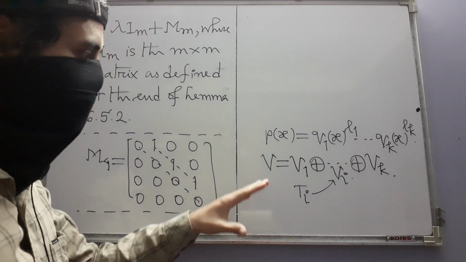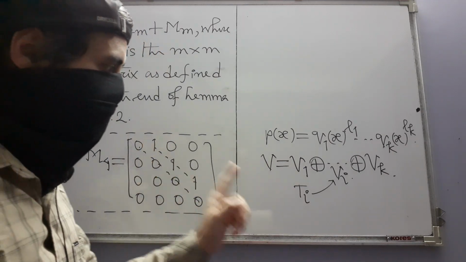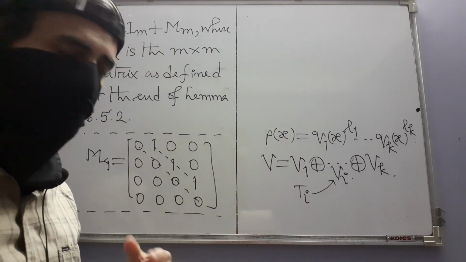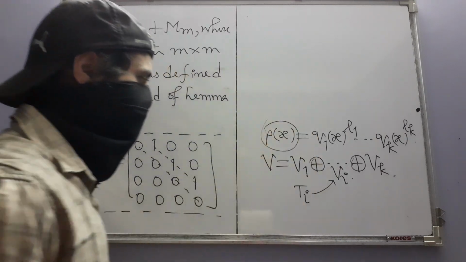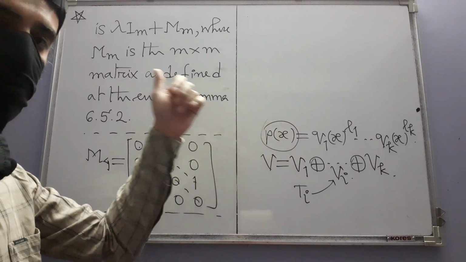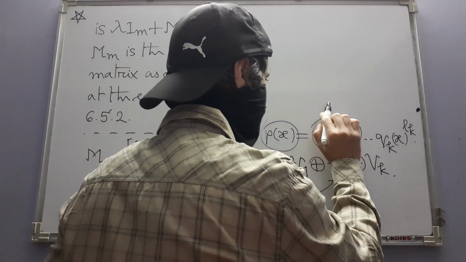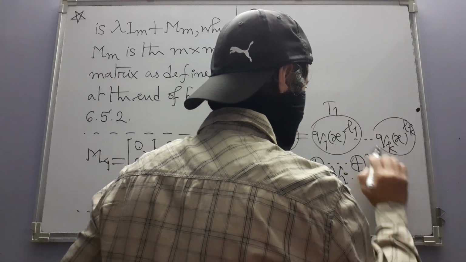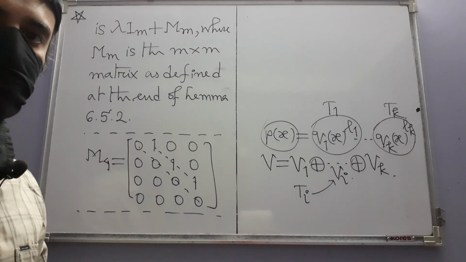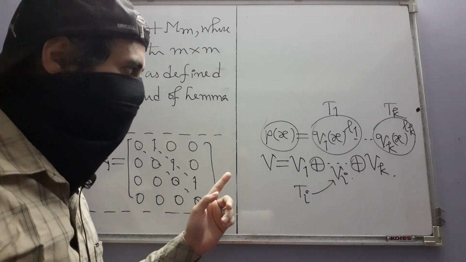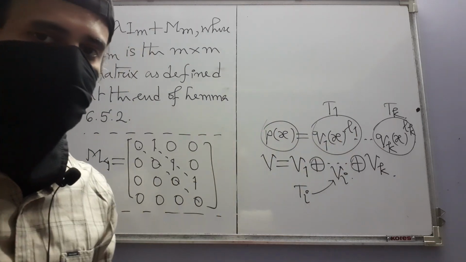Now, what type of operators are T_i's? They are somewhat special. Just like p(x) is the minimal polynomial for our original operator T, this is the minimal polynomial for T1, this is the minimal polynomial for Tk. So by that discussion, it's enough to prove our result only for operators which have minimal polynomials like this.